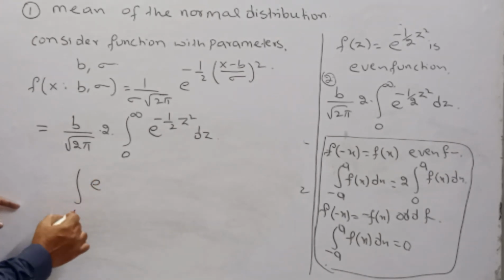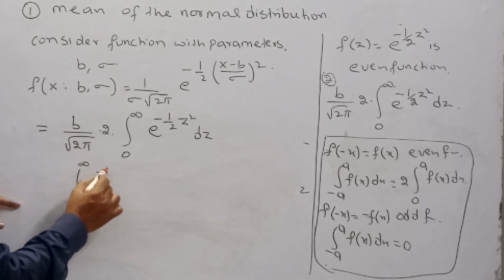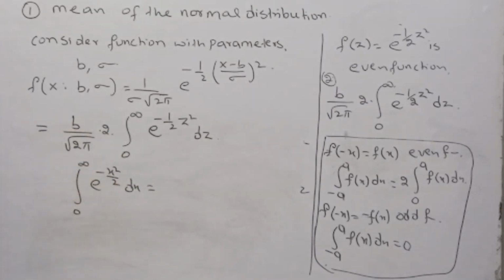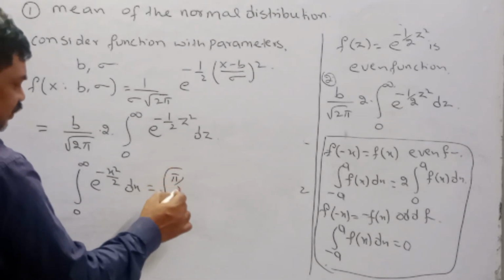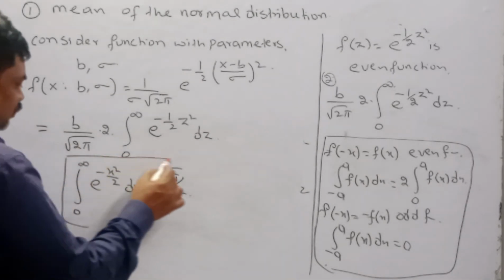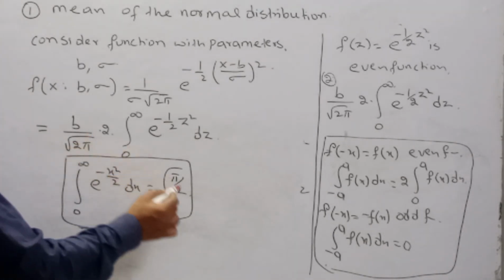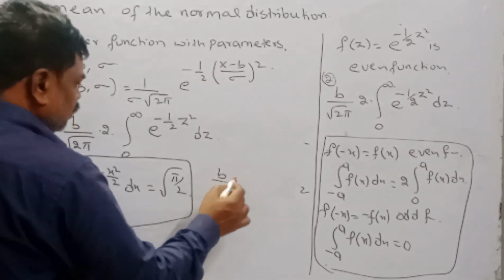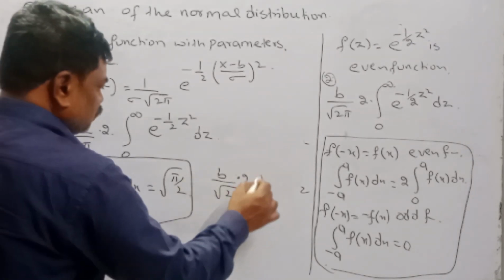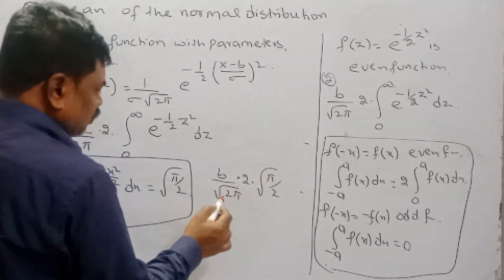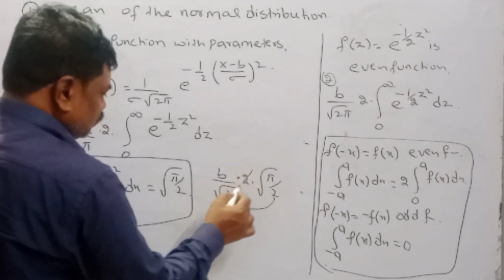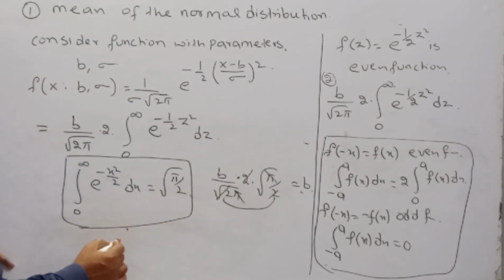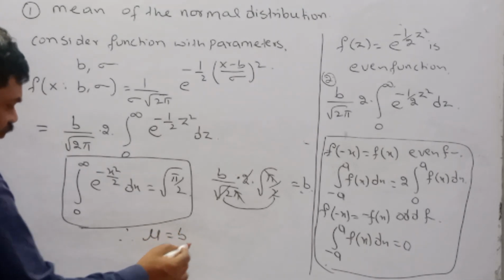Generally, integral 0 to infinity e power minus x square by 2 dx equals root over pi by 2. By using this formula, b by root 2 pi into 2 into root pi by 2. So root 2 into root 2, these two cancel, root pi cancels, equal to b. Therefore mu is equal to b.